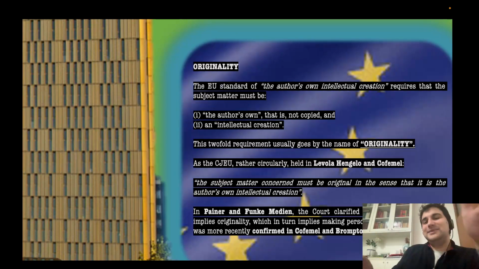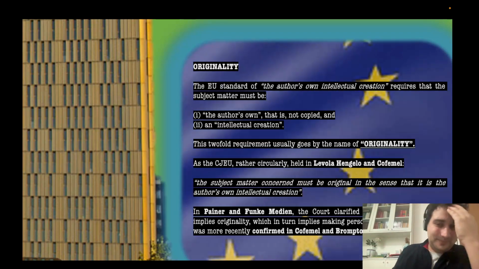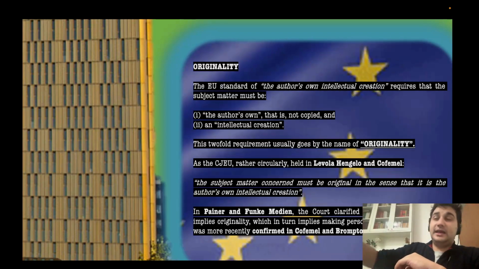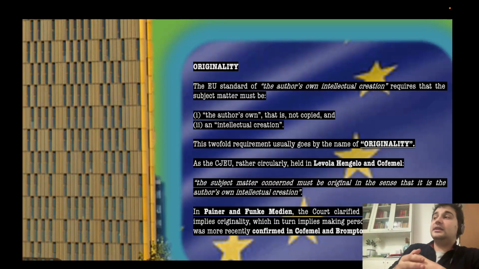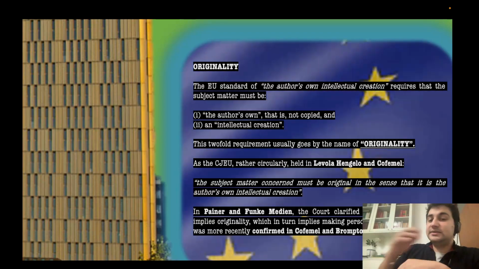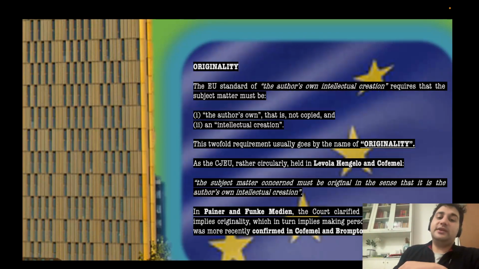I know it's pretty abstract in comparison to the US, okay? But as we say, in the Infopaq case in 2009, the Court of Justice said that the work must be an author's own intellectual creation.